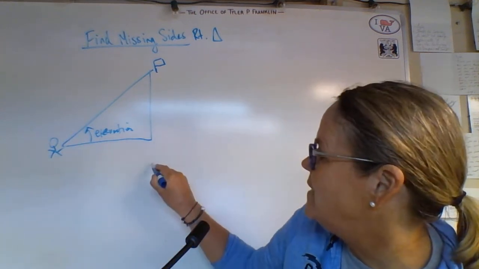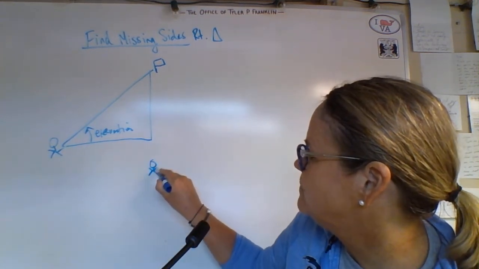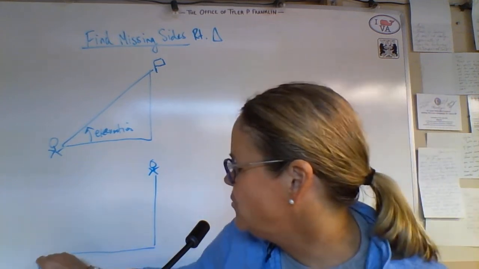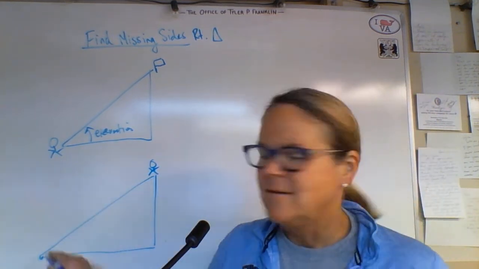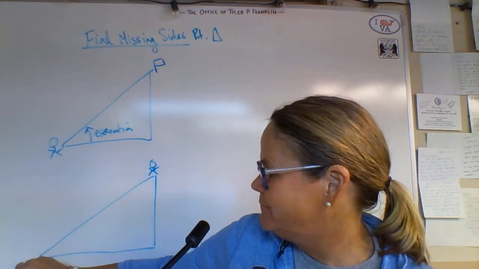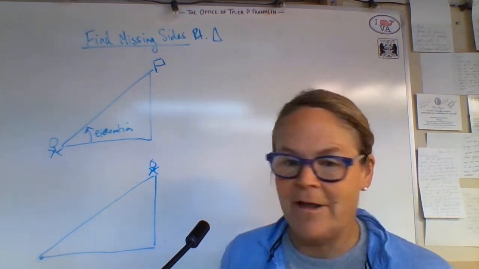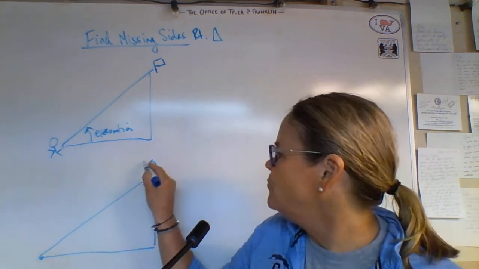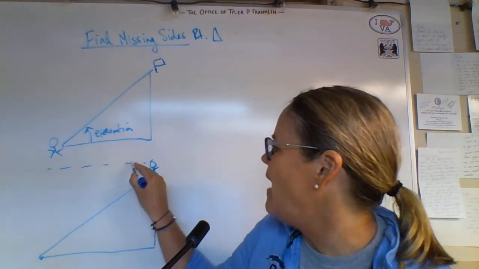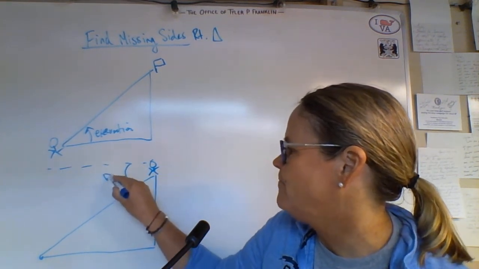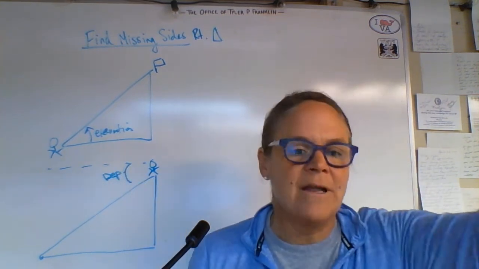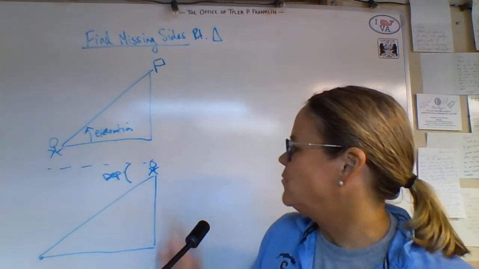Depression would be you at the top of a hill looking down at something, a person down here. Angle of depression is actually outside the triangle, because when your head looks down, that is outside.